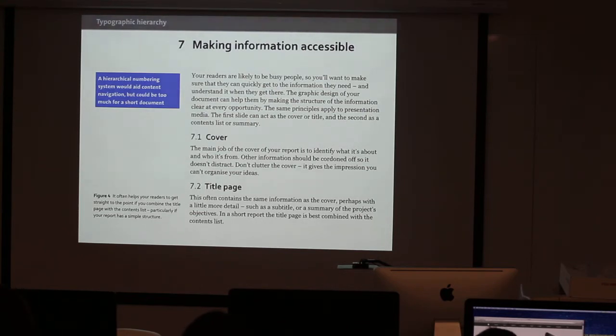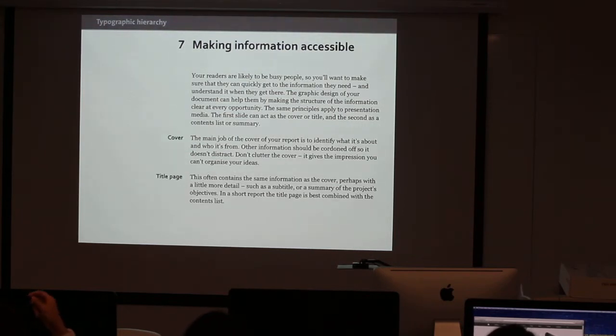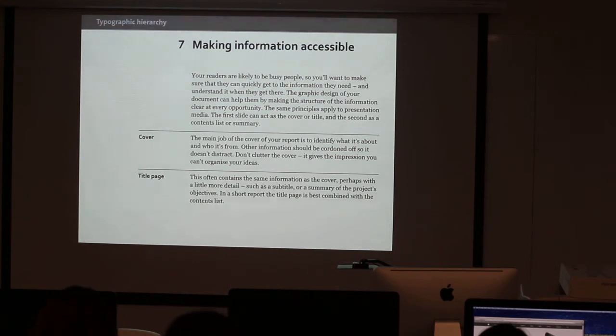If it's a short document, it's not worth putting in a system like that. Or I can make the headings off to the side so that they can be scanned quickly, right? Or I can separate them with a line. So this makes each short paragraph quite distinct from each other. Okay?